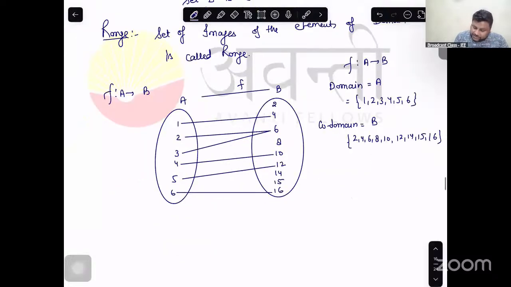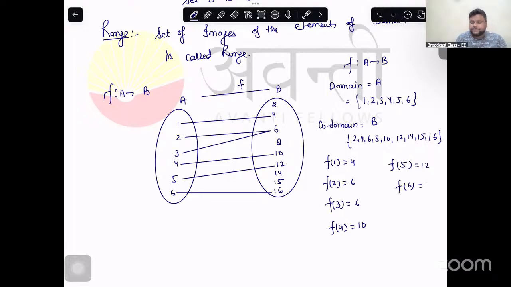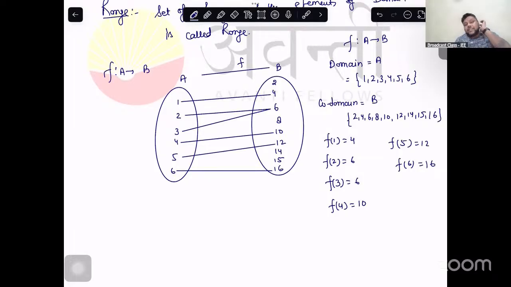Now in this function you see f of 1 is going to 4, f of 2 is going to 6, f of 3 is also going to 6, f of 4 is going to 10, f of 5 is going to 12, and f of 6 is going to 16. So what are the images? Image of 1 is 4, image of 2 is 6, image of 3 is 6, image of 4 is 10, image of 5 is 12, and image of 6 is 16.